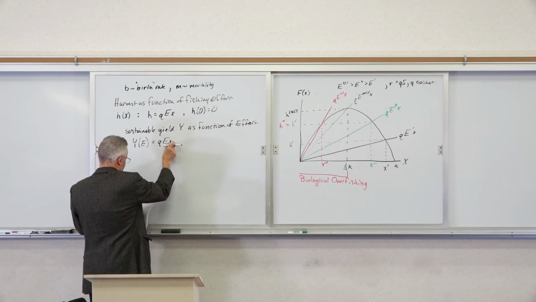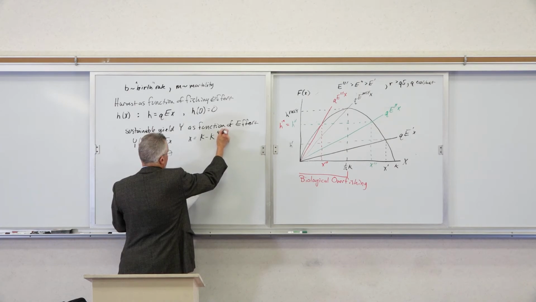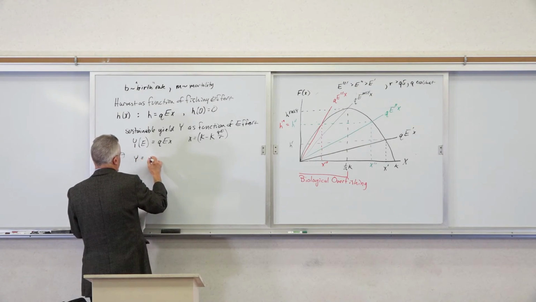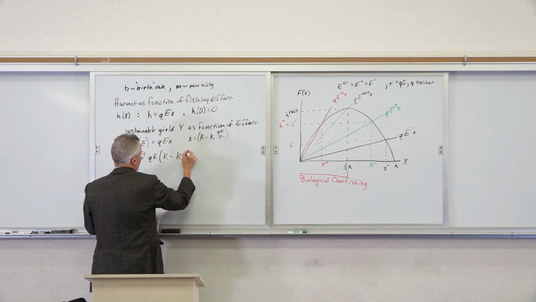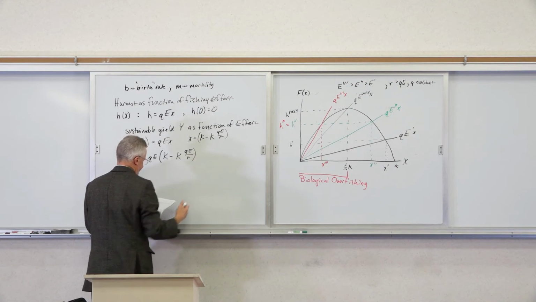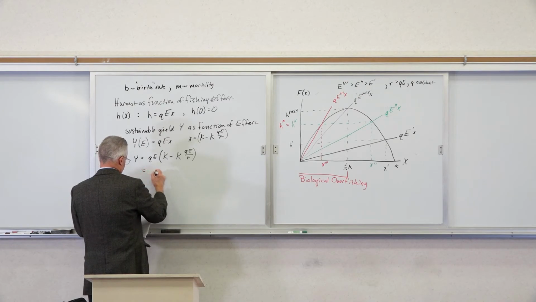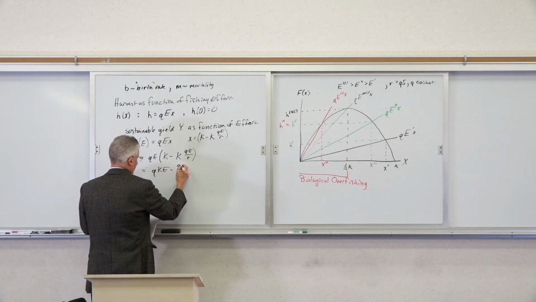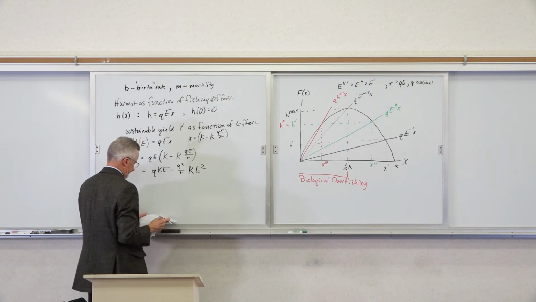And so I can, I already have my, I erased it, but the formula for X was X is equal to K minus KQE over R. And so that means that Y is equal to QE times K minus KQE over R, which is equal to QKE minus Q squared over R K E squared.